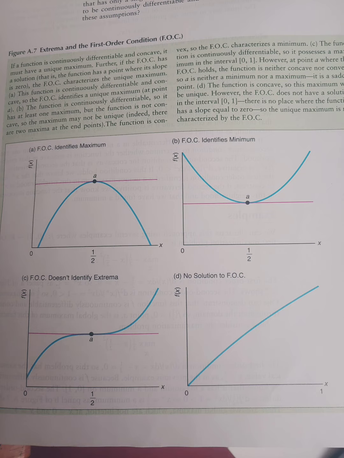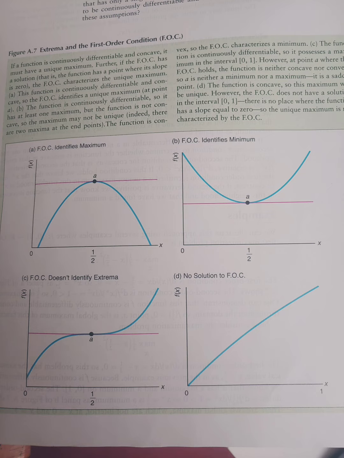Further, if the FOC has a solution, that is, the function has a point where its slope is 0, the first order condition characterizes the unique maximum. In panel A, this function is continuously differentiable and concave, so the first order condition identifies a unique maximum at point A.